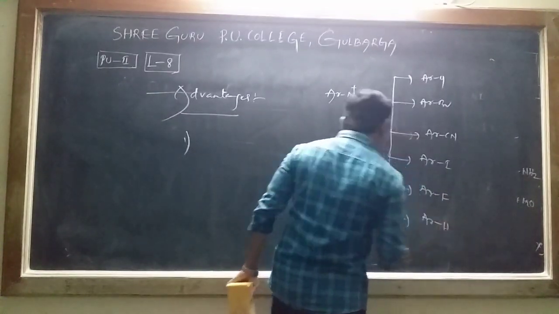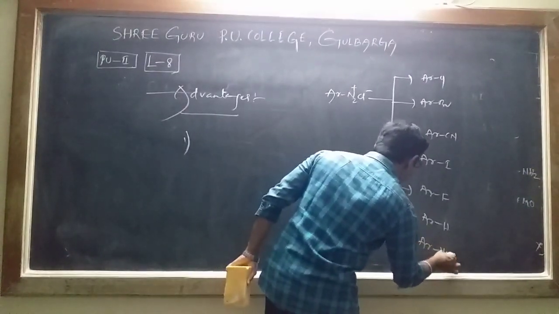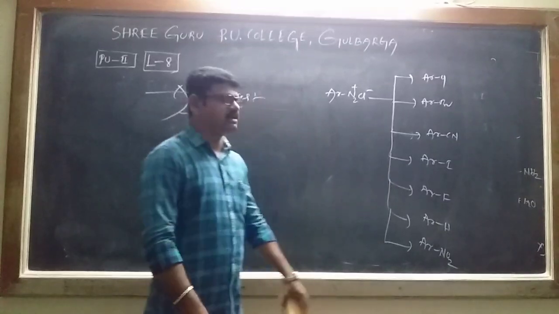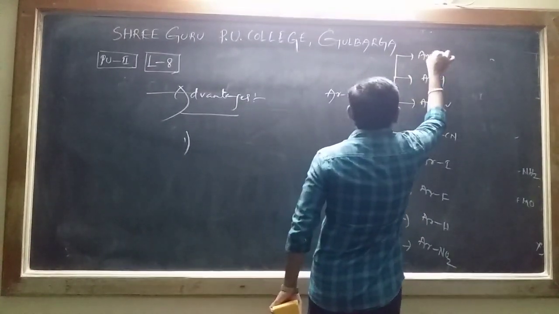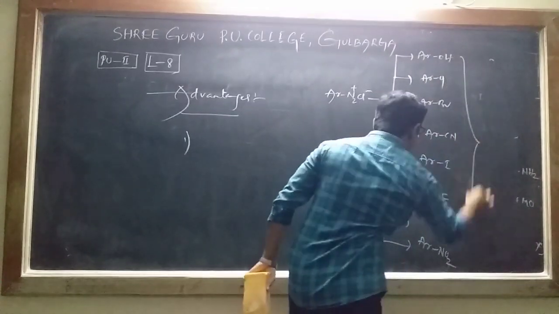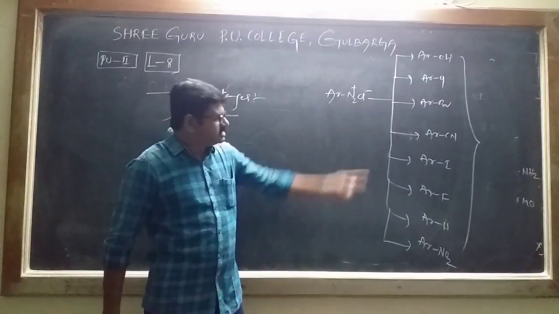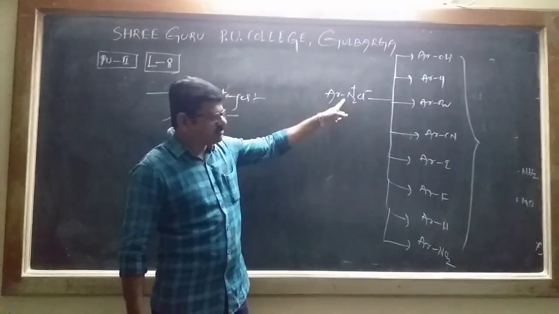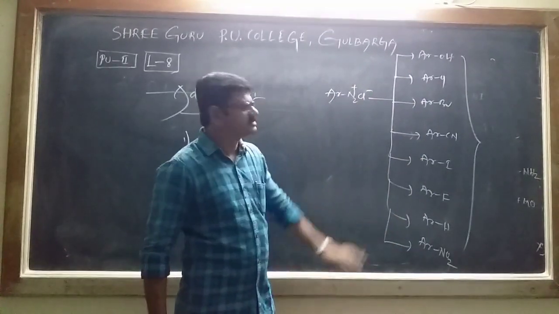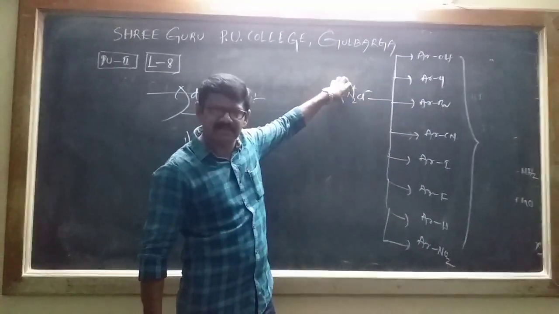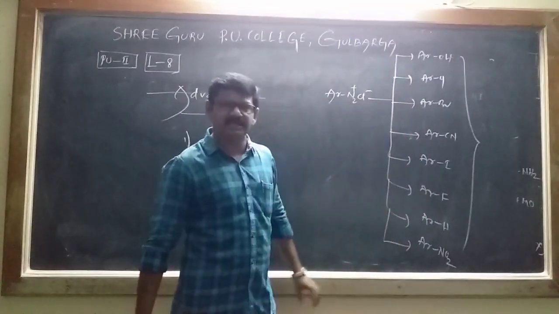As well as nitrobenzene also we can prepare, as well as phenol also we can prepare. All these reactions we have learned just now in its chemical properties. These are also advantages only. With the help of benzene diazonium chloride, all these compounds we have prepared. This compound is acting as an intermediate to get a variety of aromatic compounds.